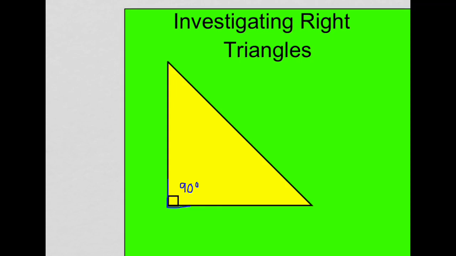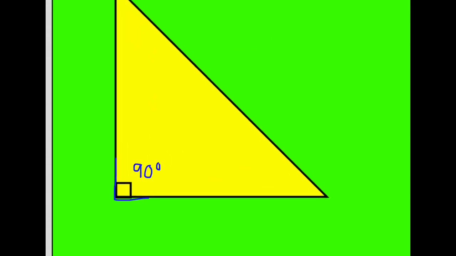Now, the sides beside that 90-degree angle, so this side right here and this side right here, they have a name. They're called legs. So I'm going to label that on there. That's called a leg, and that's called a leg. And then this is really important.